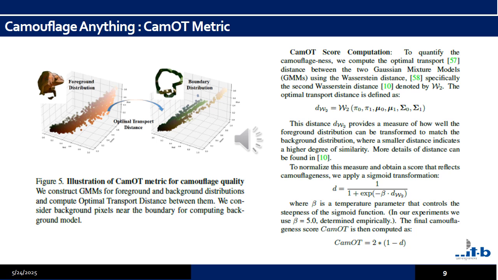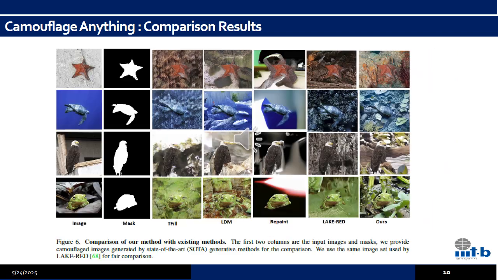We use the Wasserstein distance, mainly the second Wasserstein distance, denoted by W2, between two Gaussian mixture models. Once we get a distance, we normalize the measure by applying a sigmoid transformation, and then we scale the values between 0 and 1. The CAMOTI metric is high for highly camouflaged images and low for low camouflaged images.